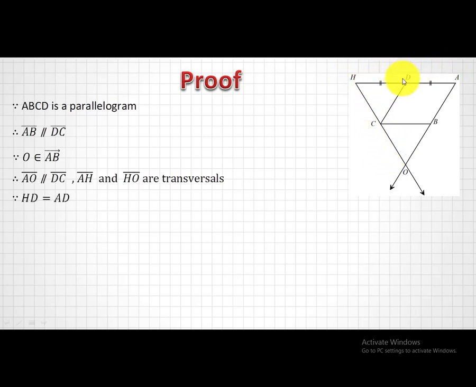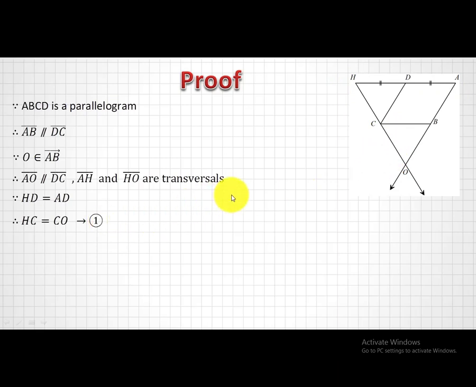Since HD equals DA, therefore what? Yes, HC equals CO. Again, since line segment AO is parallel to line segment DC, and AH and HO are transversals, and HD equals DA, therefore HC equals CO.